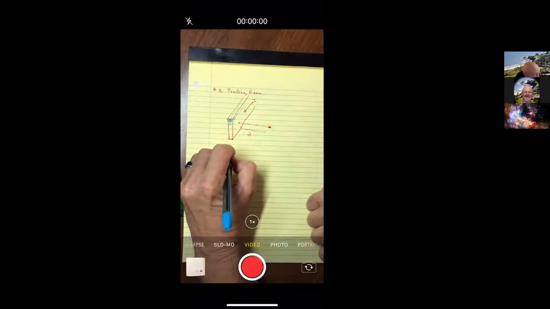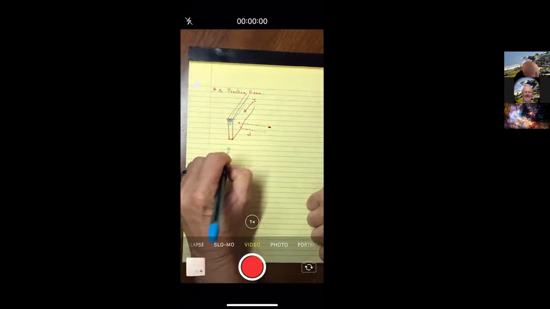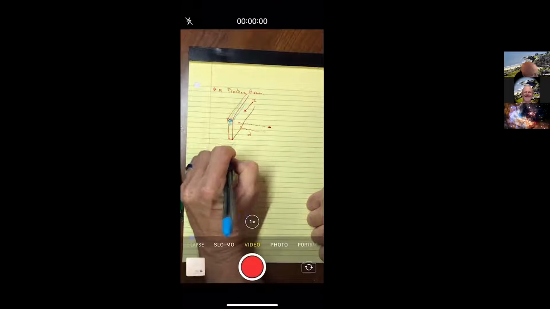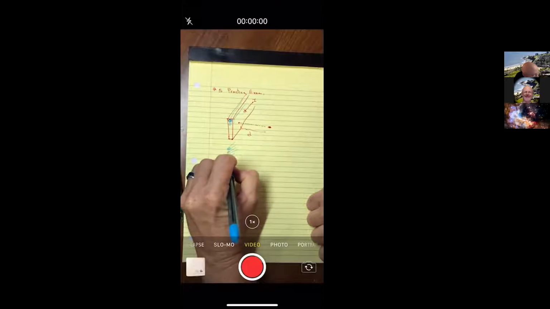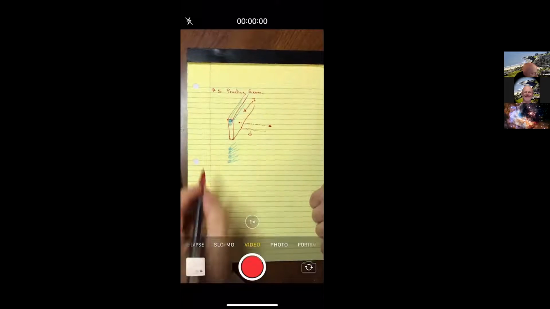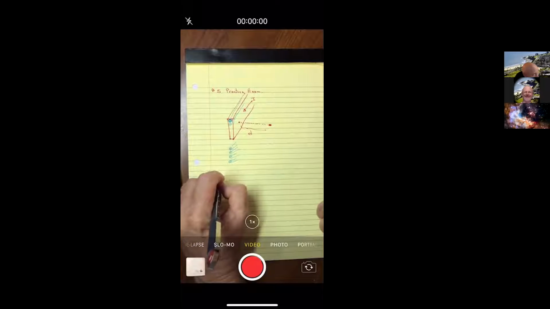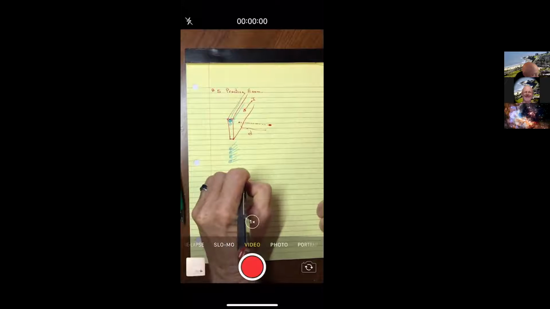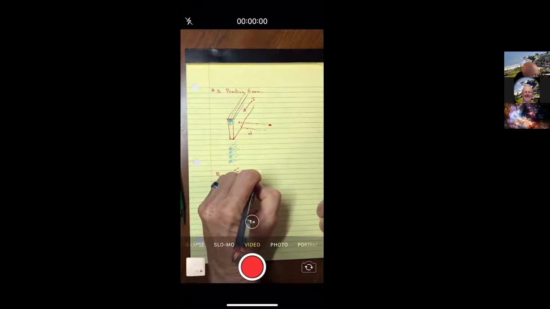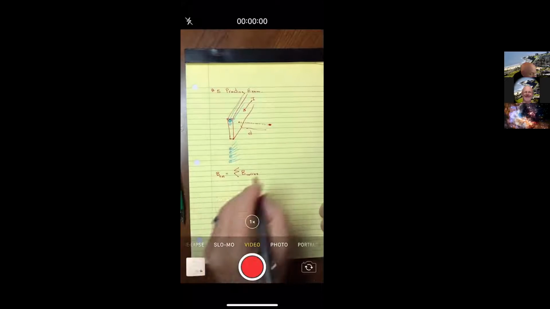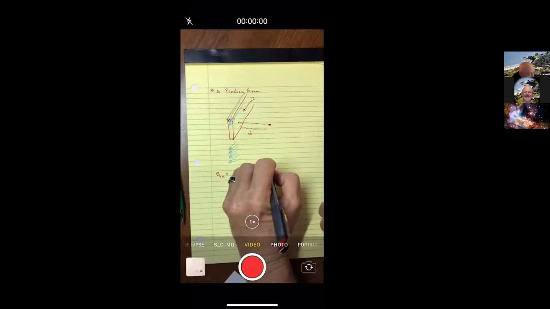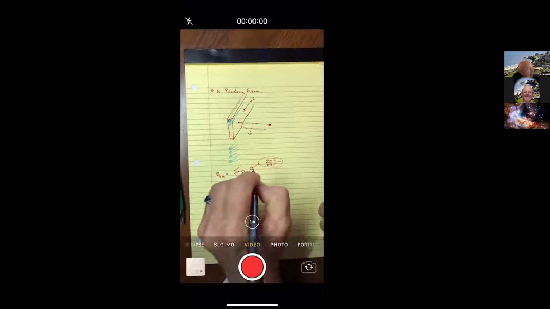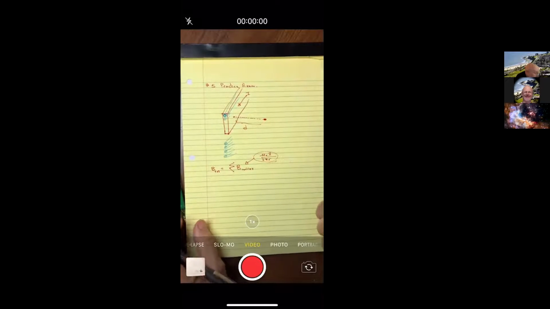And so it looked like this, a wire, a wire, a wire, a wire, each of them going back. And so mathematically, the total field would be the sum of the field from a bunch of wires. And of course, the field from a wire is mu naught I over 2 pi r. That's the magnitude of it.